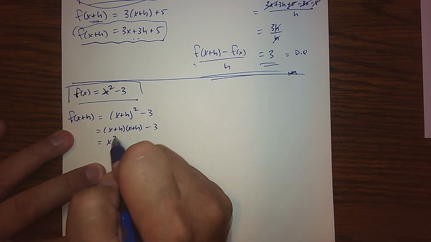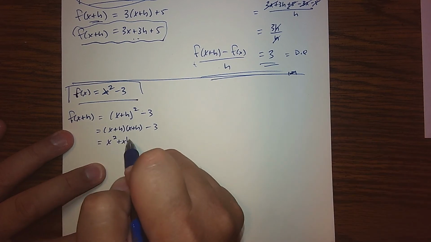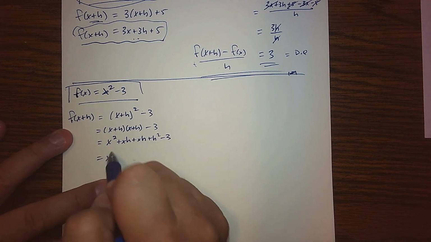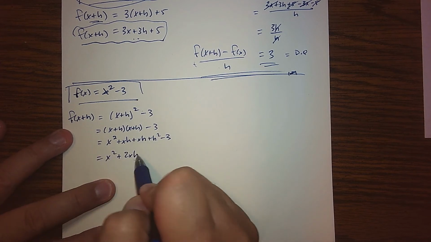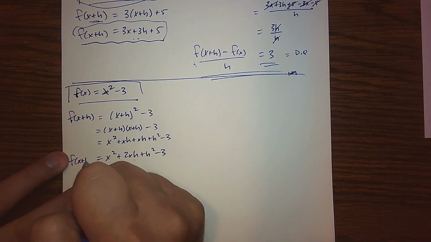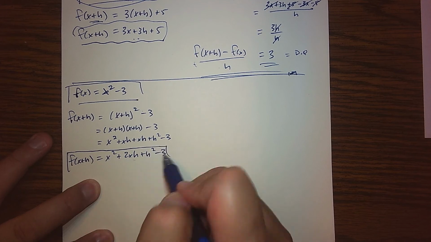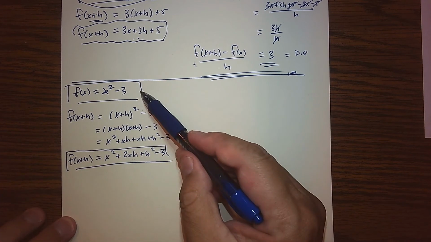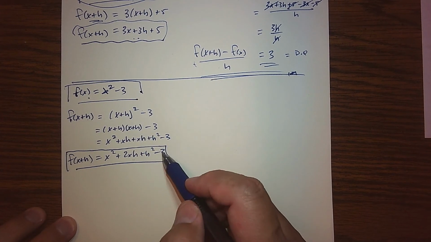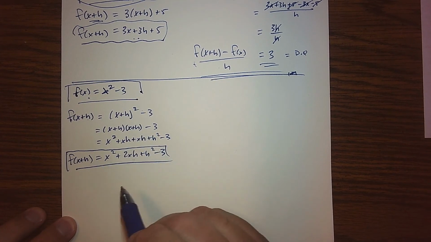If I FOIL this out and combine like terms, there is f of x plus h. So for the given function, I replaced the input with x plus h, did some math, and there's the expression representing f of x plus h.